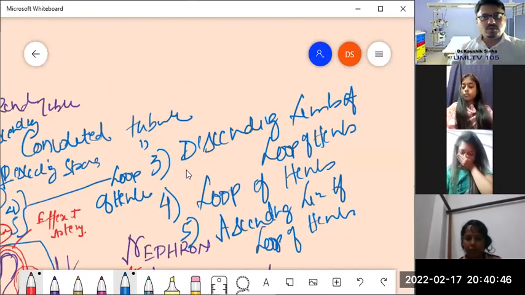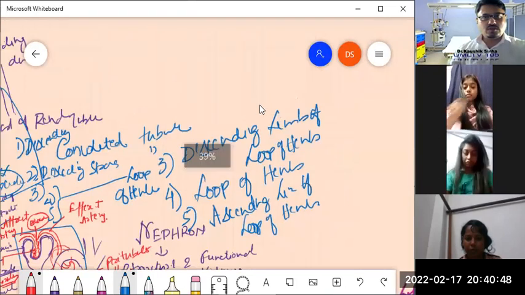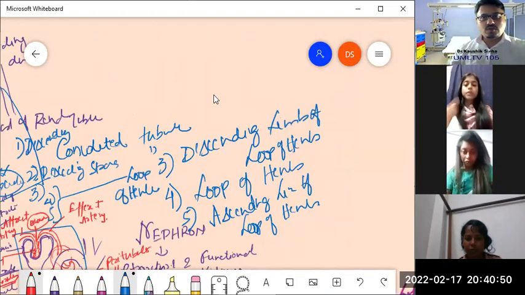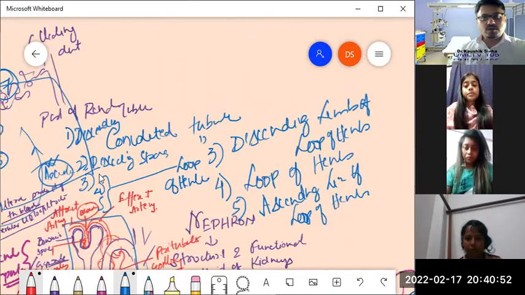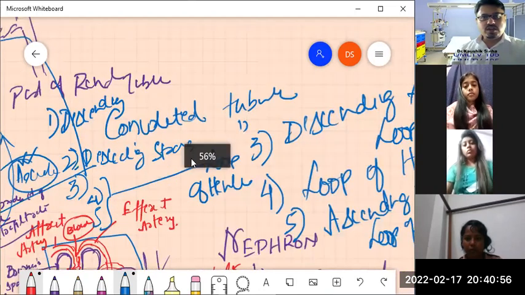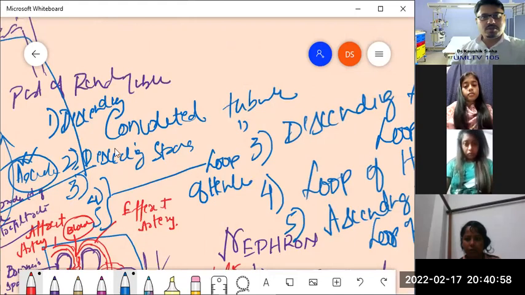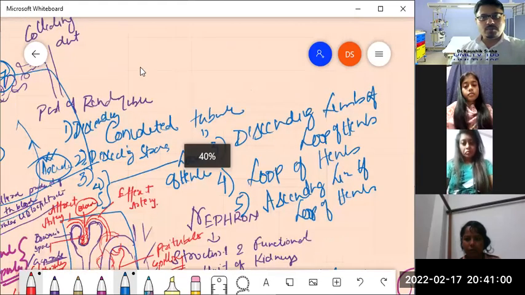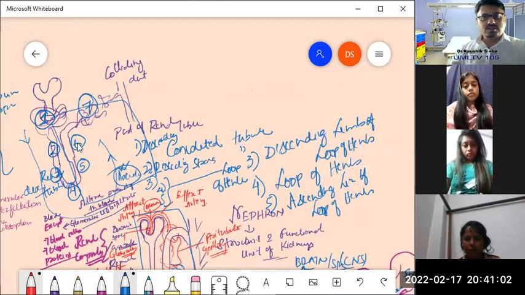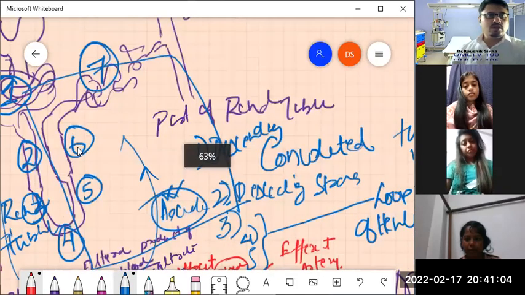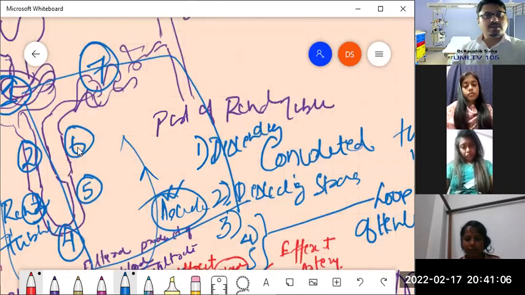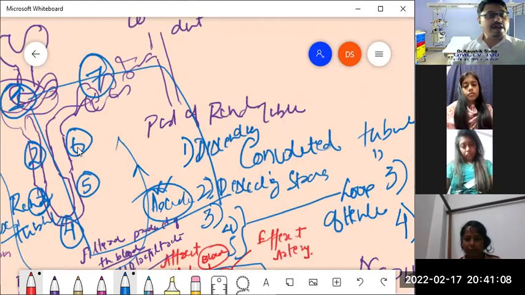What was the name for part number 2? That is descending straight tubule. Similar to that, since part number 6 is also straight, but this will be ascending, we call it the ascending straight tubule.